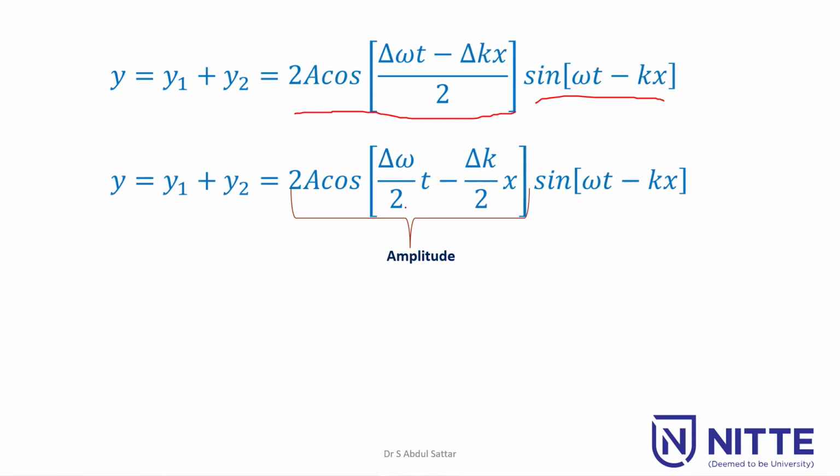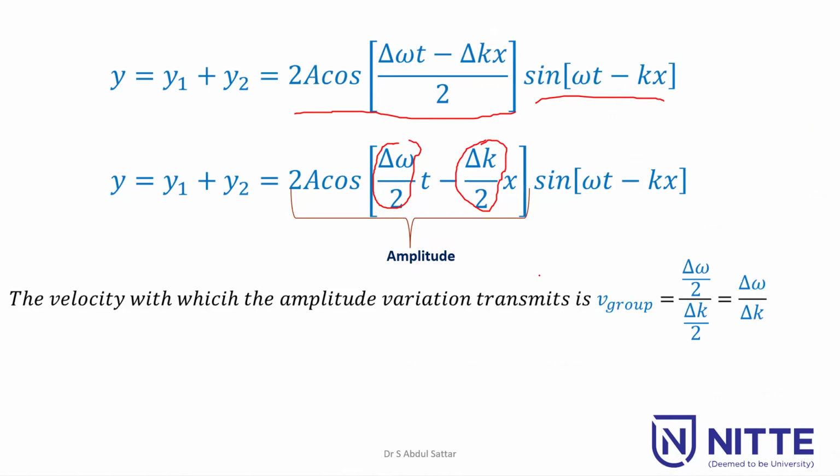If you want to find the speed of this variation, it depends on the velocity with which this term changes, which is given by delta omega by 2 over delta k by 2. So the velocity with which the amplitude variation transmits along the wave packet is given by (delta omega by 2) by (delta k by 2). The 2 cancels, giving delta omega by delta k, which can be written as d omega by dk. Therefore, v group is equal to d omega by dk.